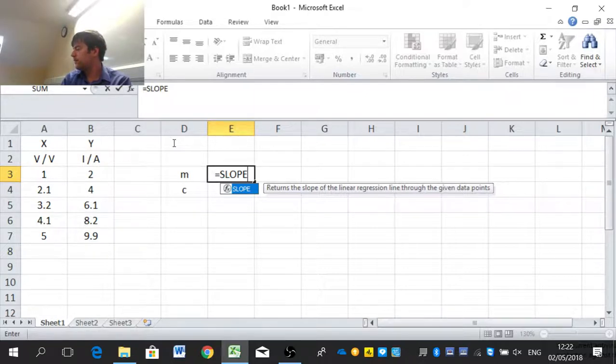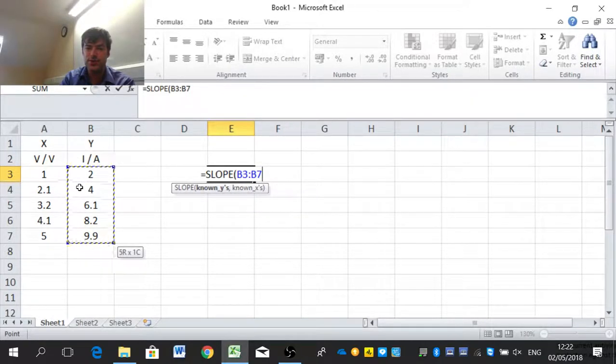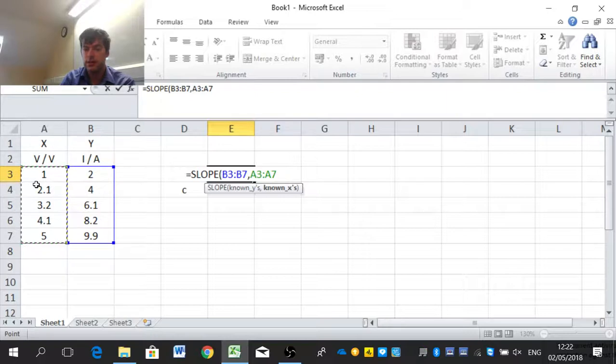Yeah. And then bracket, and please be careful. Here we have the y's first and then the x's. So I highlight the y numbers, comma, and then I highlight the x's, close.